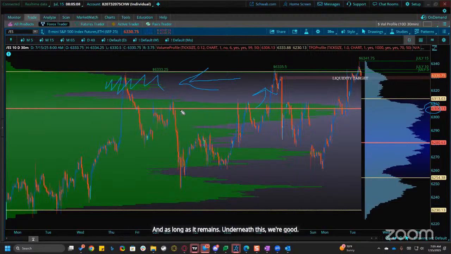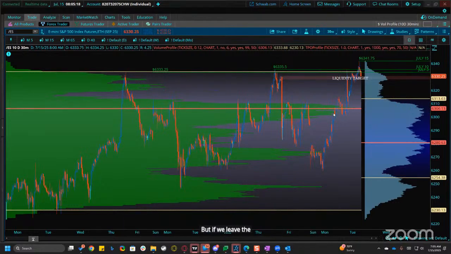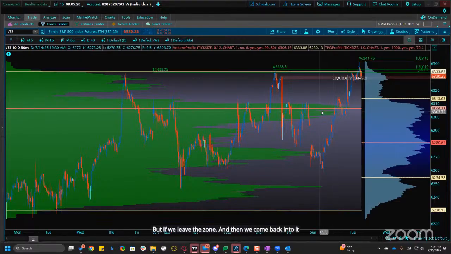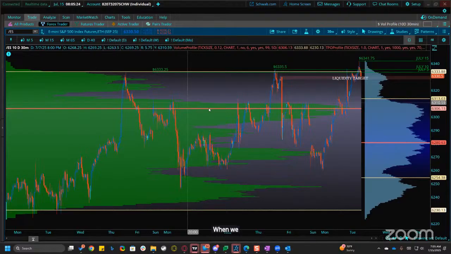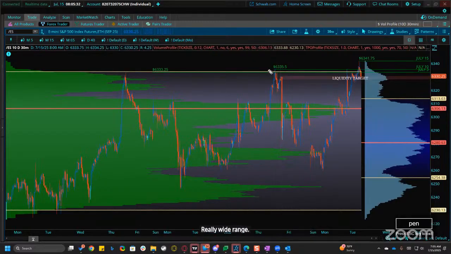The thing about having that point of control there is we can sit in this zone and we can go above and below that level all we want. But if we leave the zone and then we come back into it, it will act as support or resistance. When we try to work out where the zone is, this is a really wide range from that 35 down to 60.